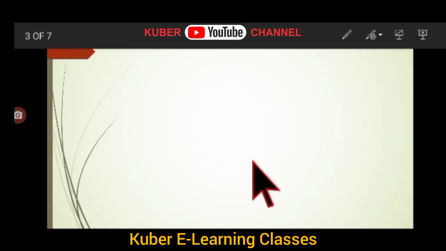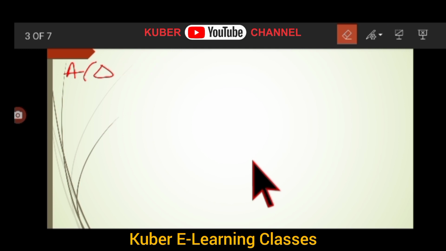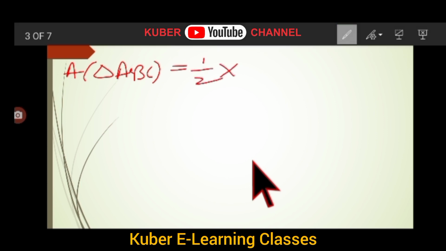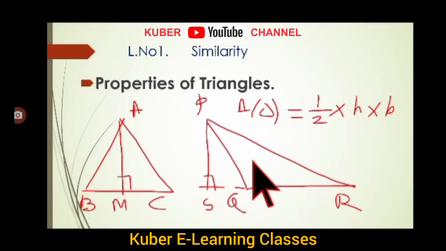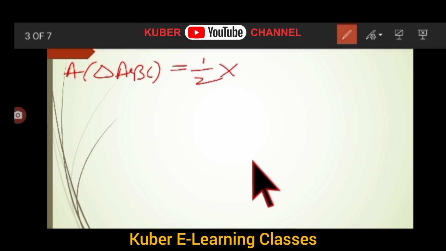See, area of triangle ABC. It is half into height. But see children, what is the height? AM is the height, BC is the base. Remember that. So according to that, the formula is half into height, where height is AM and base is BC.